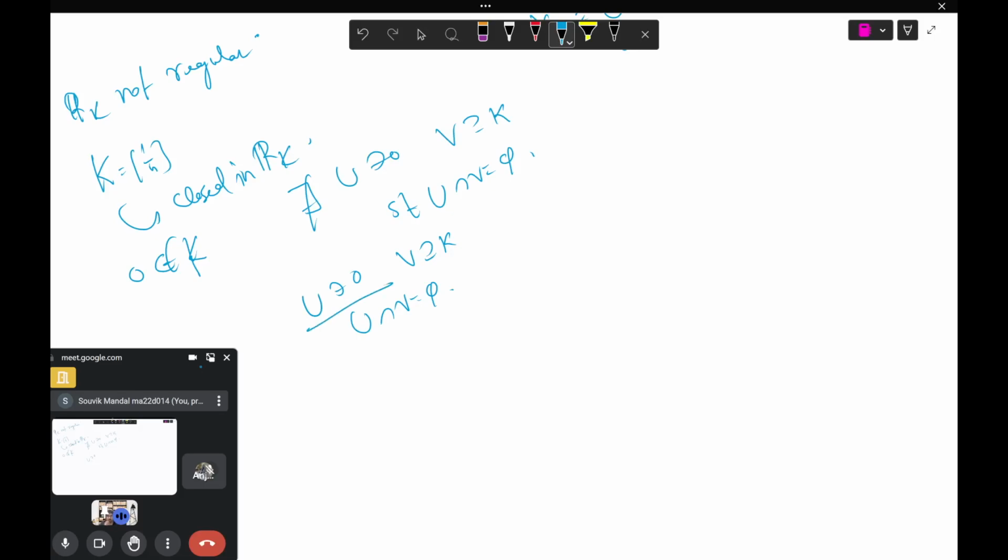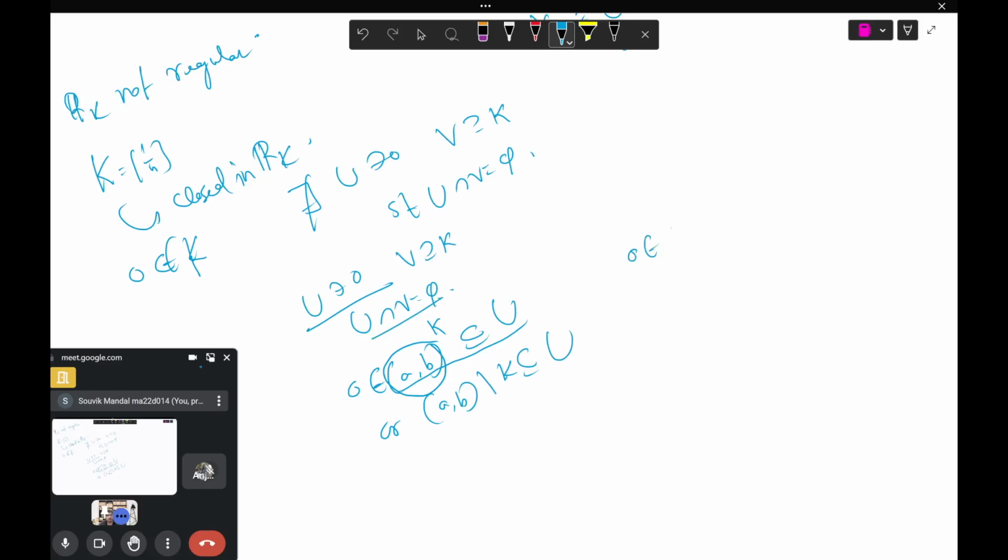Now U is an open set containing 0. So there is a basic open set of this form, either an open interval (a,b) subset of U or (a,b) minus K subset of U, right? Now if the open interval (a,b) is a subset of U, then it contains some point of K, which contradicts the fact that the intersection is empty.